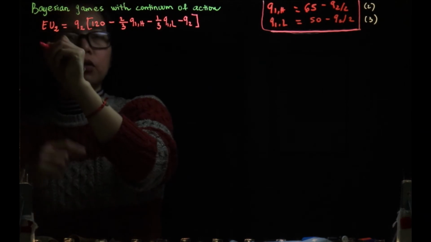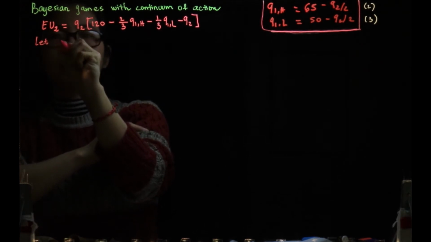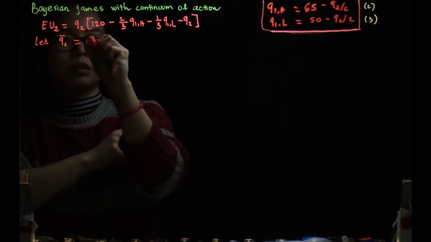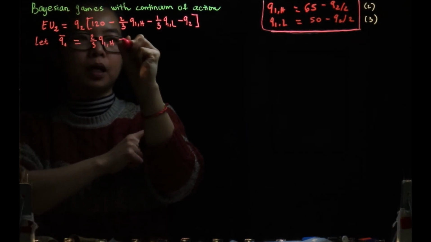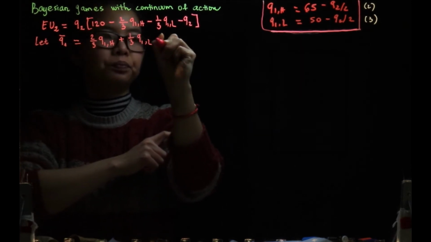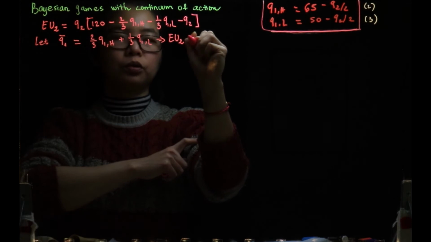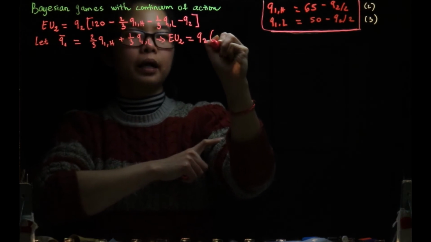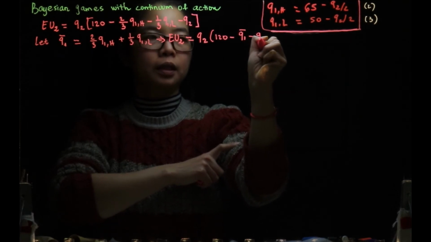Now, if I call Q1 bar equals 2/3 Q1 high plus 1/3 Q1 low, then the expected payoff of the other two would be Q2 times 120 minus Q1 bar minus Q2.